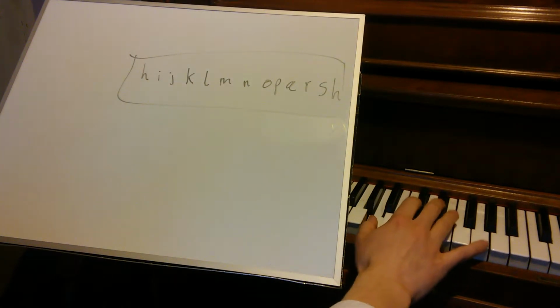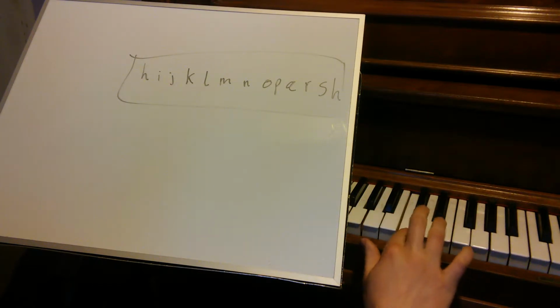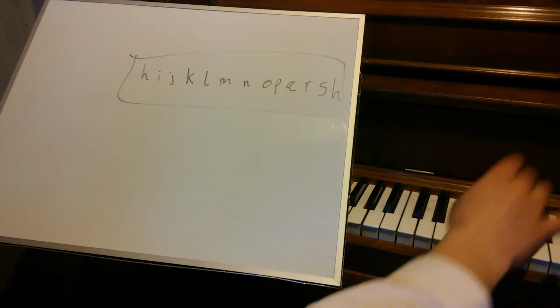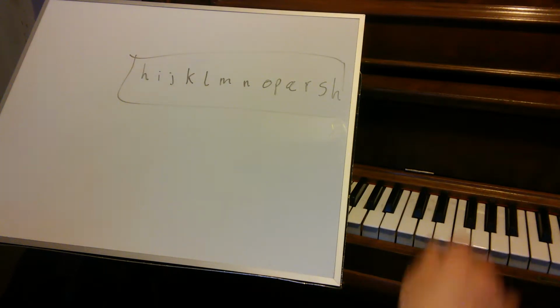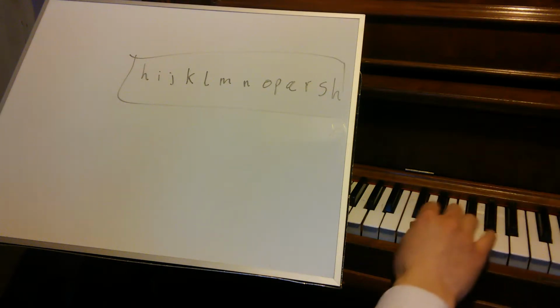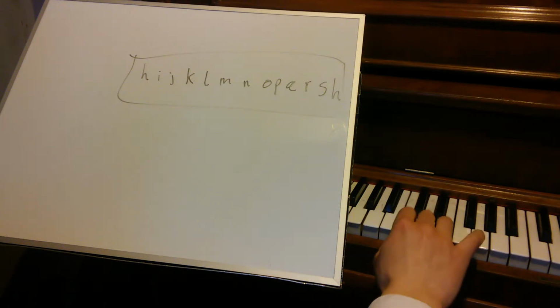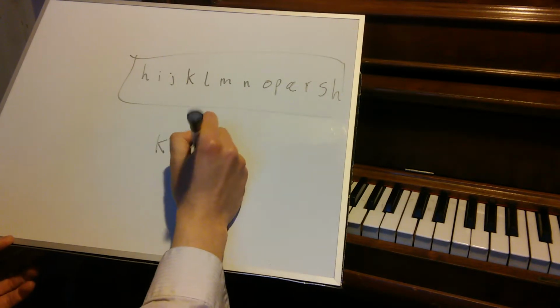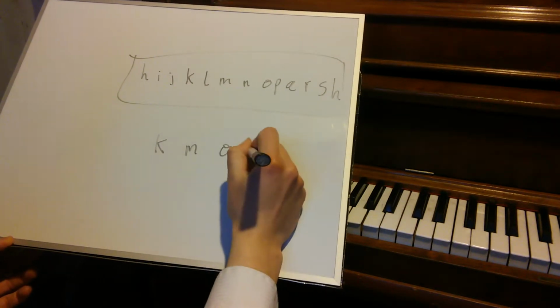So anyways, this H, K, M, O, P, R, H. And we'll start with the K. Those will be the white keys, more familiar. So K, in fact, I will write this out.